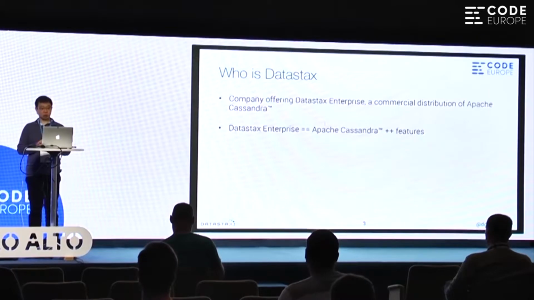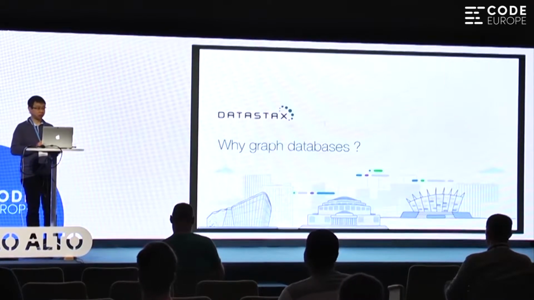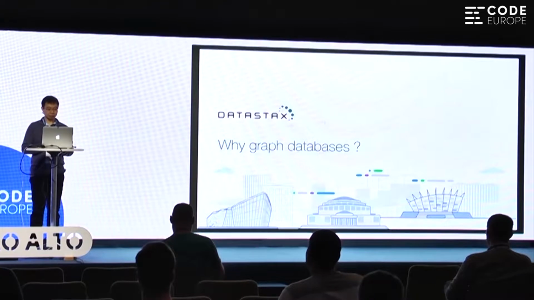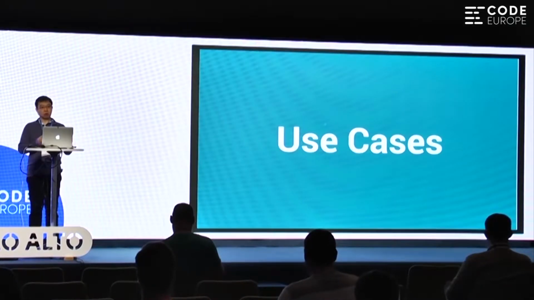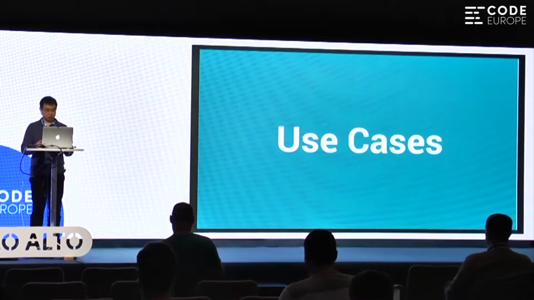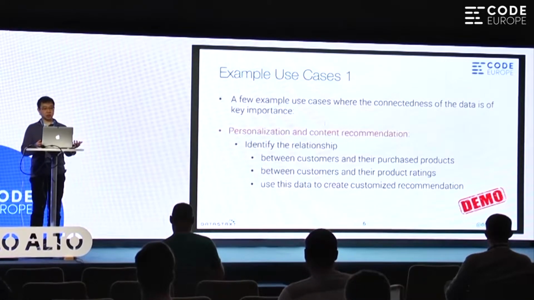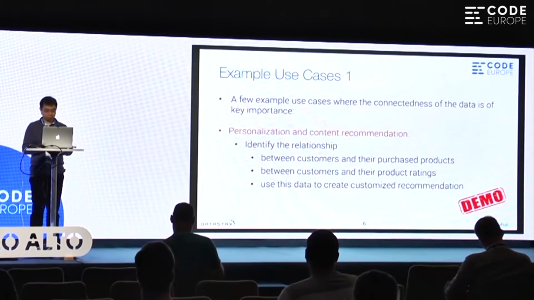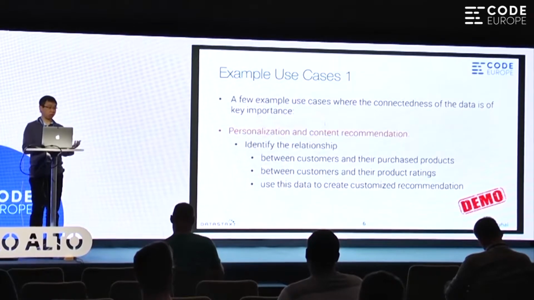But the topic of my talk today is about graphs, right? Graph databases. So first, let me show you some use cases of graph databases. The first use case is recommendation, right? When you have an online website, you are selling products.